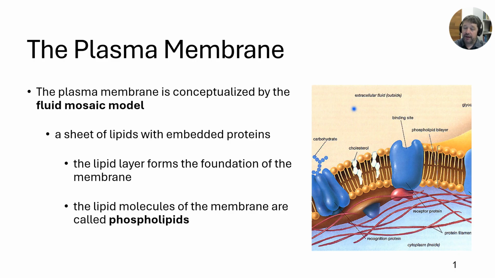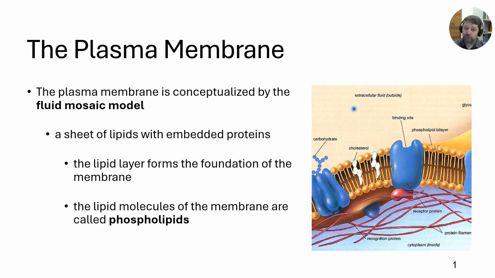Now, the heads can interact with water, with fluid, and they do so. So out here would be fluid and inside would be fluid. So you can see the heads are pointed towards the liquid and the tails are pointing away because the tails are hydrophobic and the heads are hydrophilic. And we'll come back and talk about these.